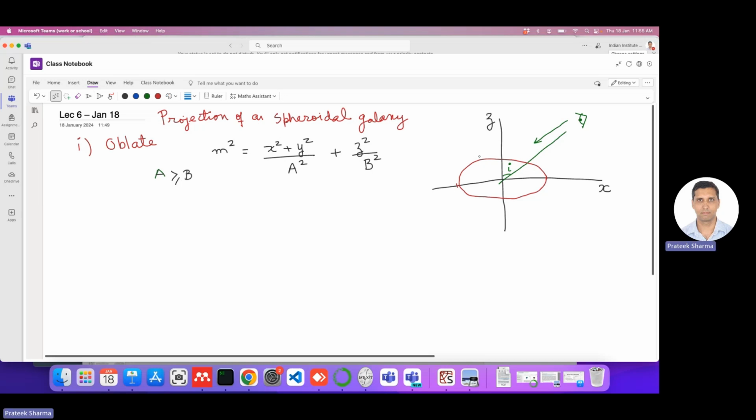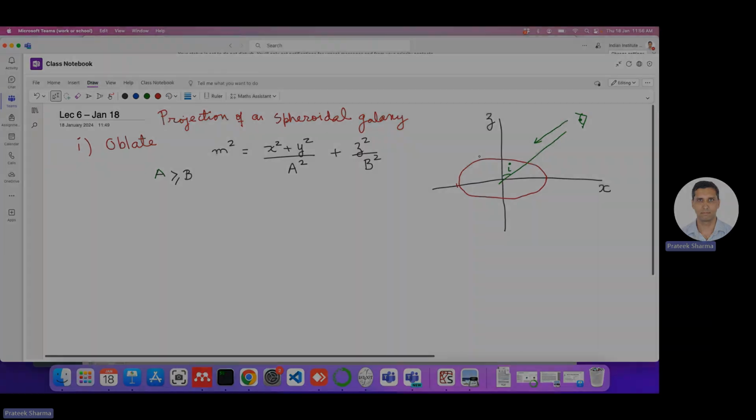So in general, the observed axis ratio, the apparent B by A, will be larger than the true B by A.